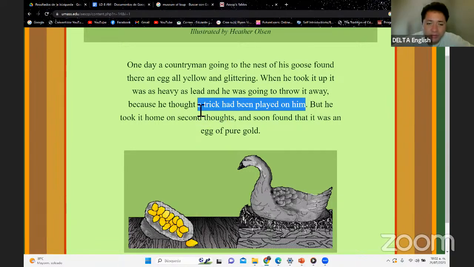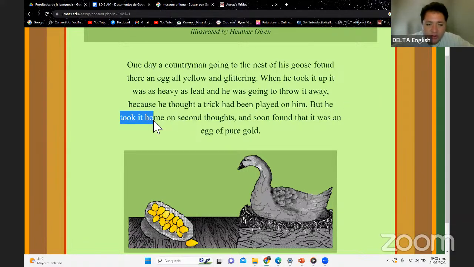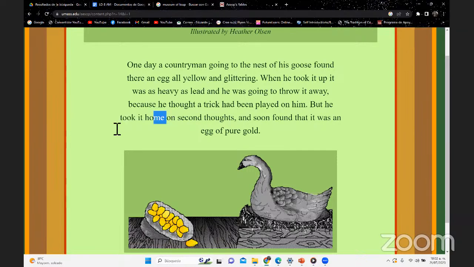Pensaron que una broma le habían jugado. Entonces esto es voz pasiva, with the past participle. Okay, very well. But he took it home on second thoughts. What's he took it home? Simple past.